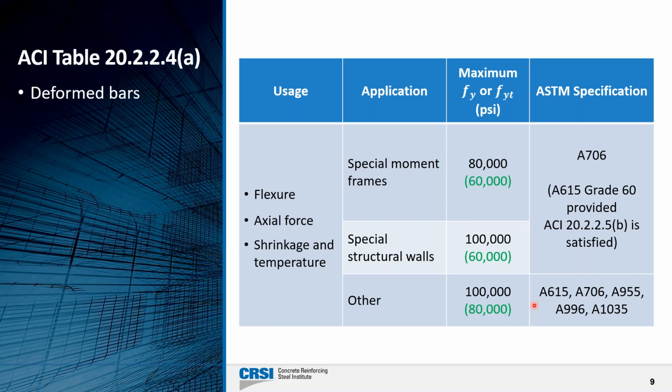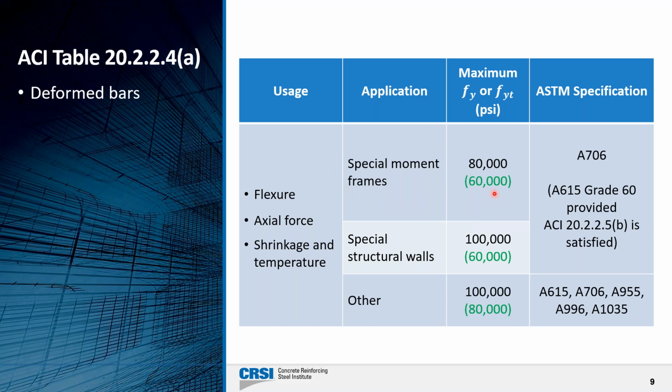Now let's go over some of the big changes, as we had mentioned, for the deformed bars. When we're talking about flexure, axial forces, or a combination of the two, and we have a special moment frame, we're now permitted to use grade 80 reinforcement in the design and detailing of those particular elements, the beams and columns in our special moment frame.